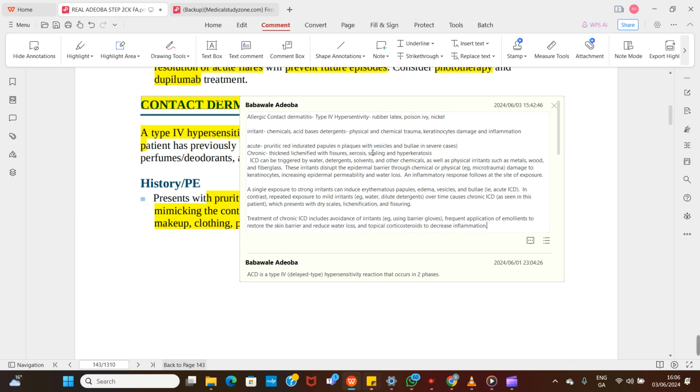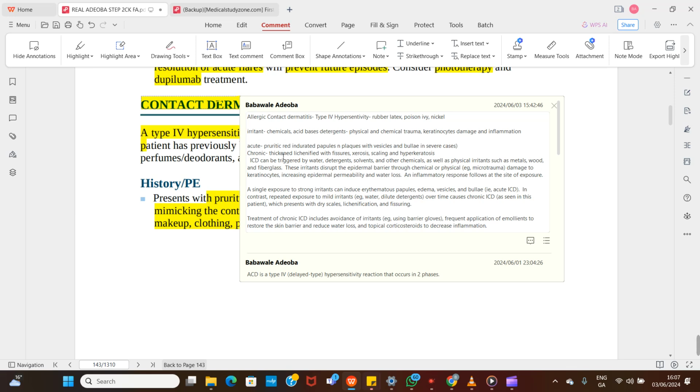But the only difference is you can have an acute episode for irritants as well as a chronic episode. So what you see in the chronic episode is that the individual is going to be presenting with lichenification because it's very pruritic. So the constant scratching will lead to the lichenification of that skin, in which you start seeing xerosis, dryness, scaling, hyperkeratosis, hyperpigmentation, and fissures of that area.